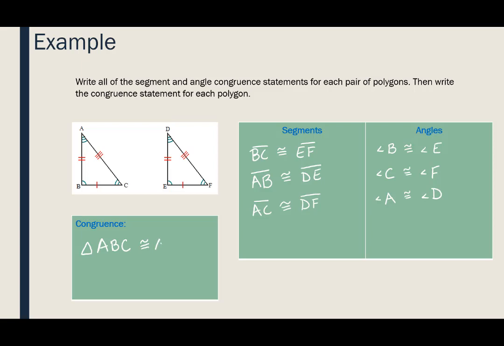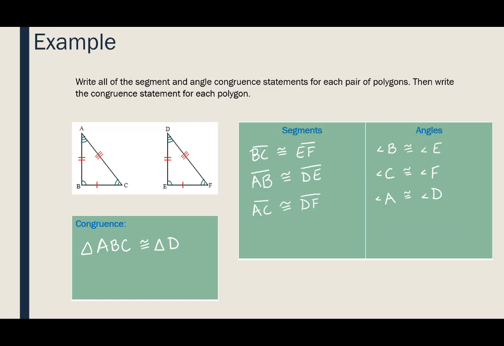So this is still a triangle, so I'm going to put a triangle symbol in front. We want to make sure that the vertices and the segments line up. So on my first triangle, I wrote the vertex A first. So A is congruent to angle D. So D needs to be the first one we write.